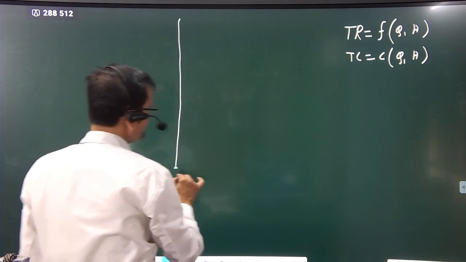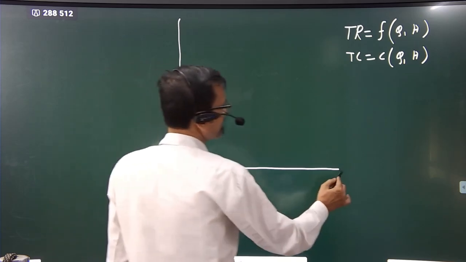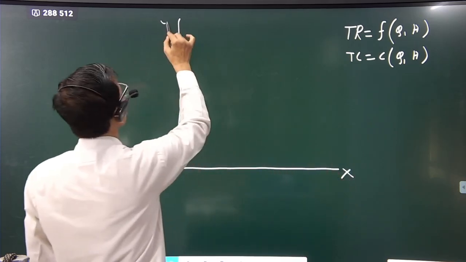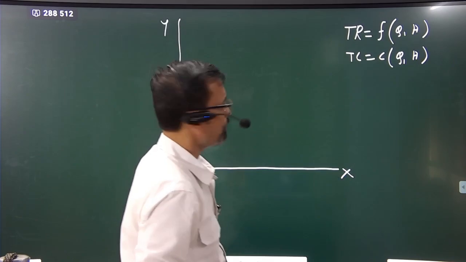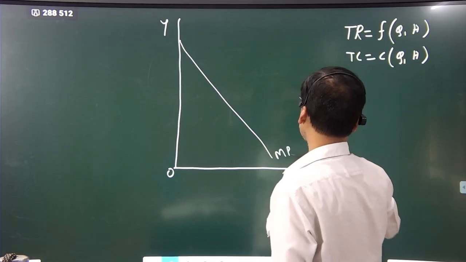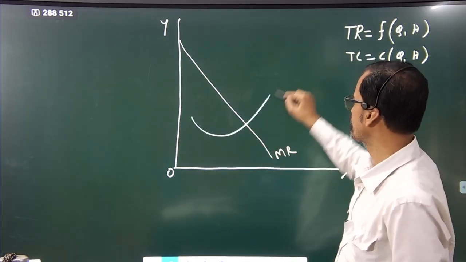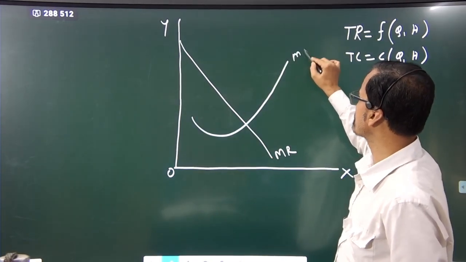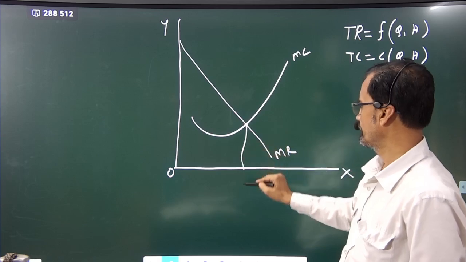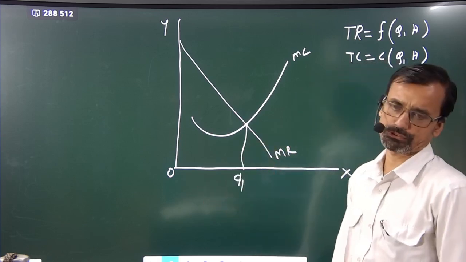Without advertising cost, the firm realizes its maximum profit. Say this is the marginal revenue curve without advertisement, and similarly this is marginal cost. Then we get some quantity of output produced.